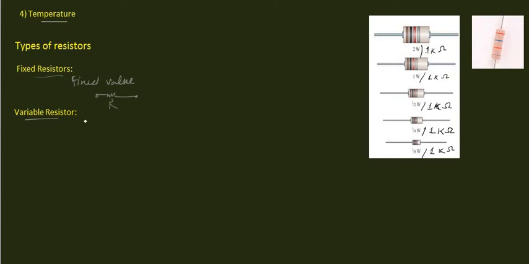Variable resistors may have two terminals or three terminals, but most of the time we use the 3-terminal resistor as a variable resistor. A 3-terminal or 2-terminal device which is used to control the resistance of any material or circuit is known as a rheostat.